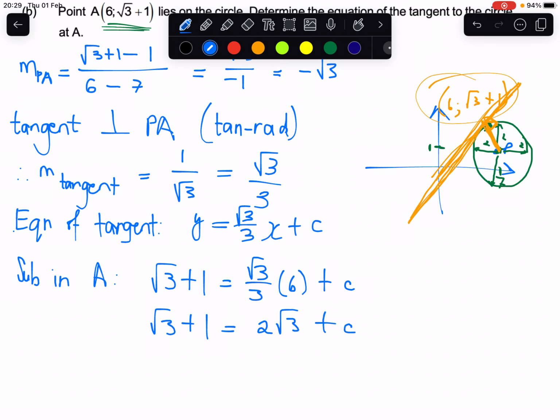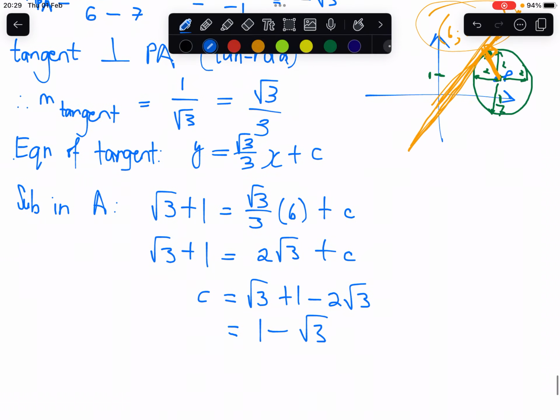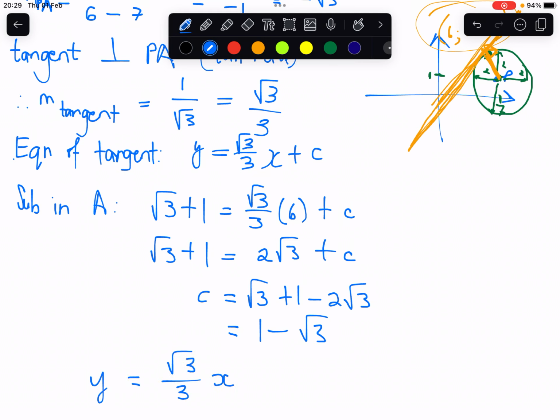And then c will be root 3 plus 1 minus 2 root 3. So that would be 1 minus root 3. Okay, and so in conclusion, y is equal to root 3 over 3 x plus 1 minus root 3.